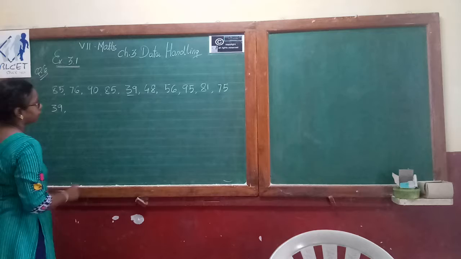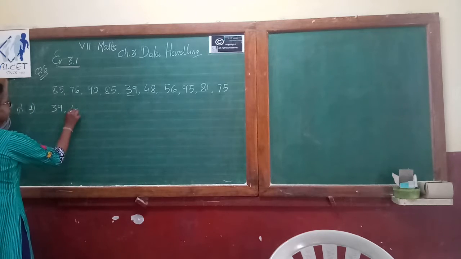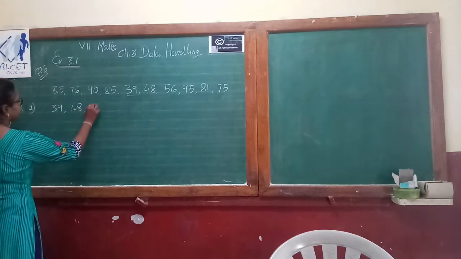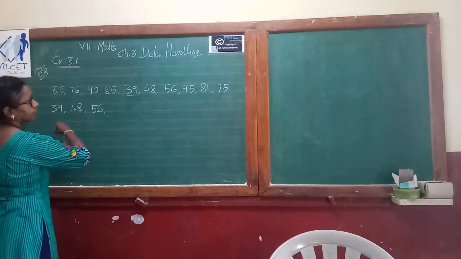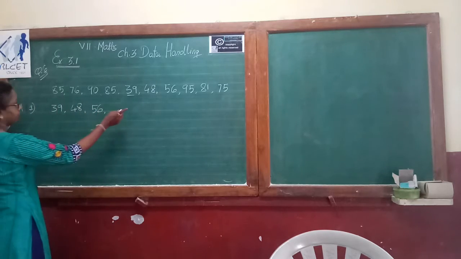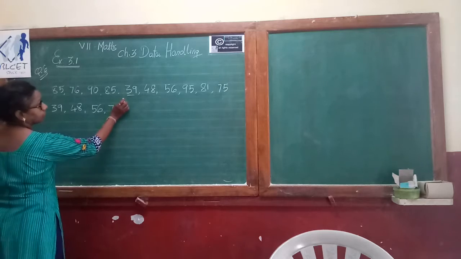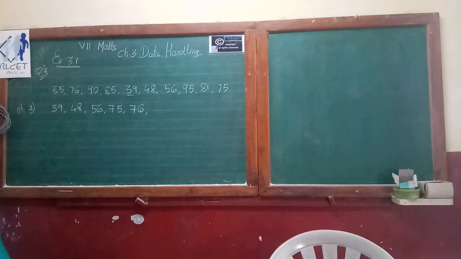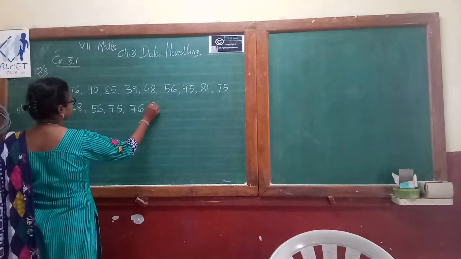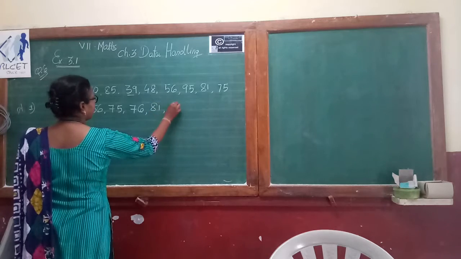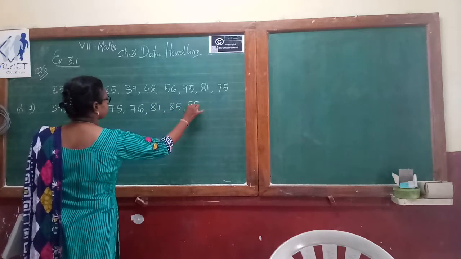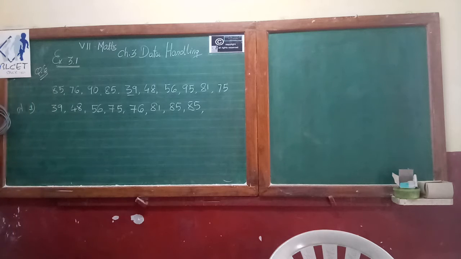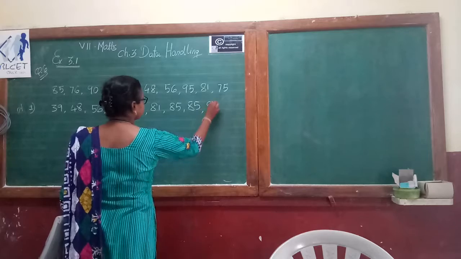Then we write 48, then 56, then 75, then 76, then 81, then 85. We have 85 two times. Then we have 90 and at last 95.